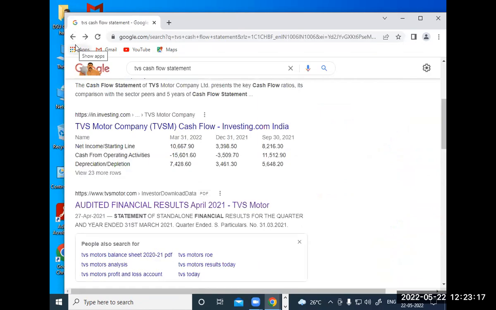Somebody shared in the group now. Check it. It will come along with the financial statement. Actually, it's also included in the financial statement nowadays.